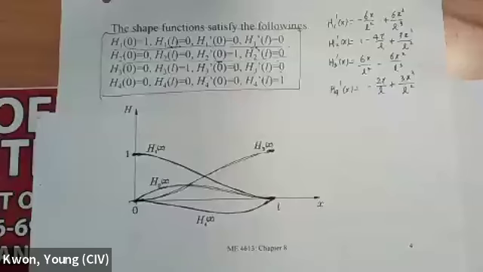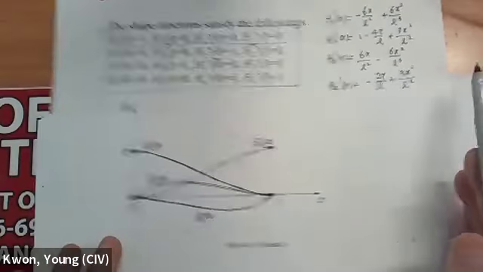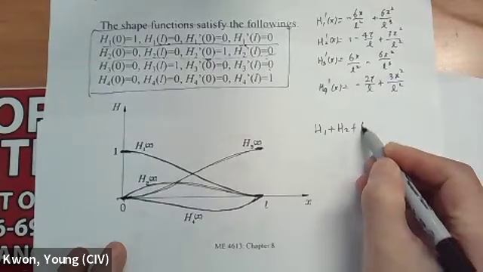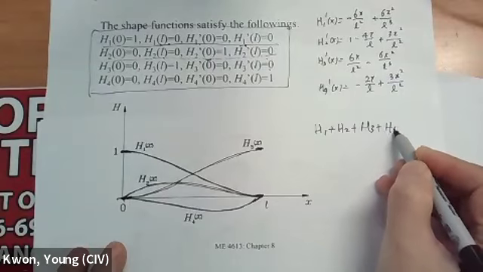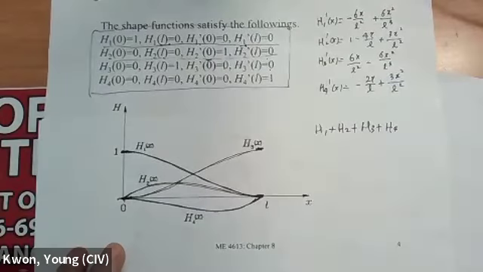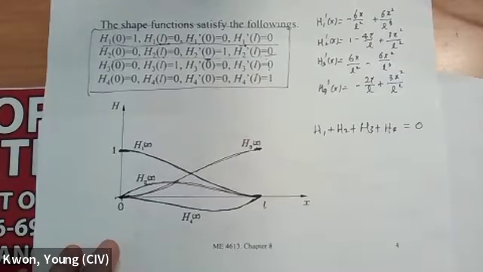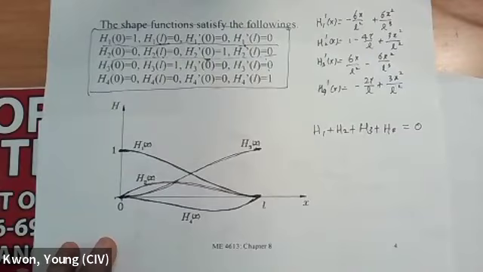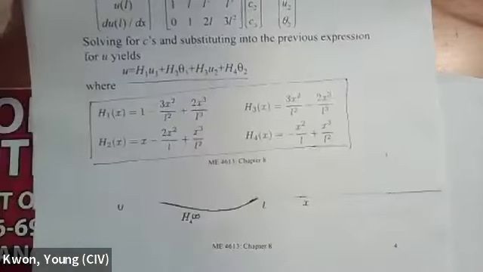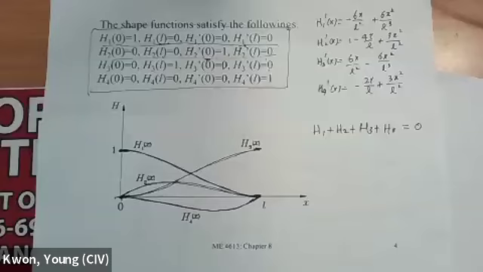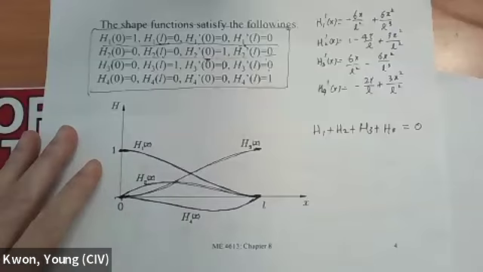So in this case, as you typically know, H1 plus H2 plus H3 plus H4, adding all the shape functions, is it equal to 1? You can check your shape function. Adding up H1 through H4, is that equal to 1? Yes or no?